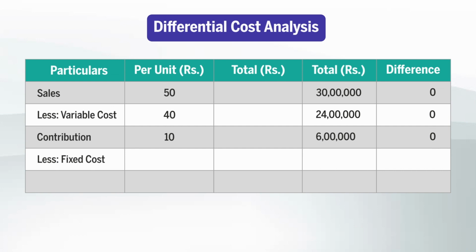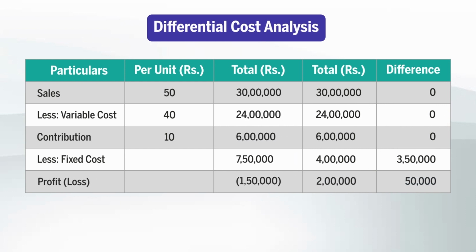So presently it is 7,50,000, and if we continue to operate by avoiding fixed costs up to rupees 3,50,000, our fixed cost becomes rupees 4 lakhs, and you can see that there is a difference of rupees 3,50,000. From contribution, if we deduct fixed costs, at present there is a loss of rupees 1,50,000, and if we continue to operate, due to avoiding of fixed costs, our profit is 2 lakhs.